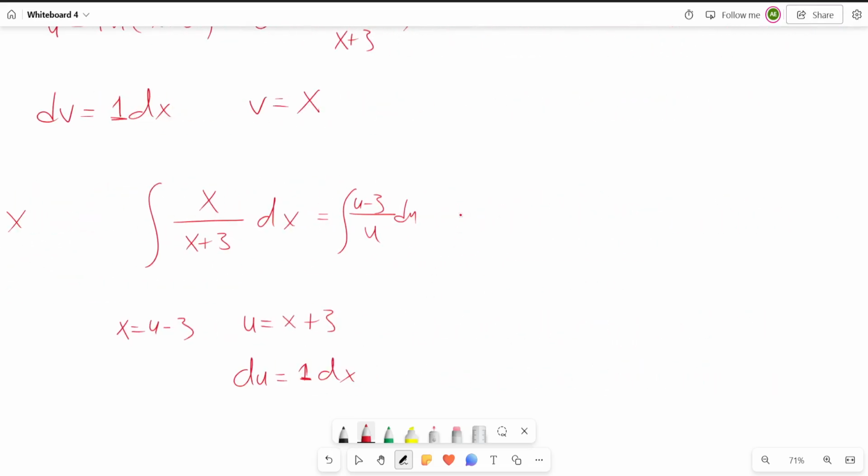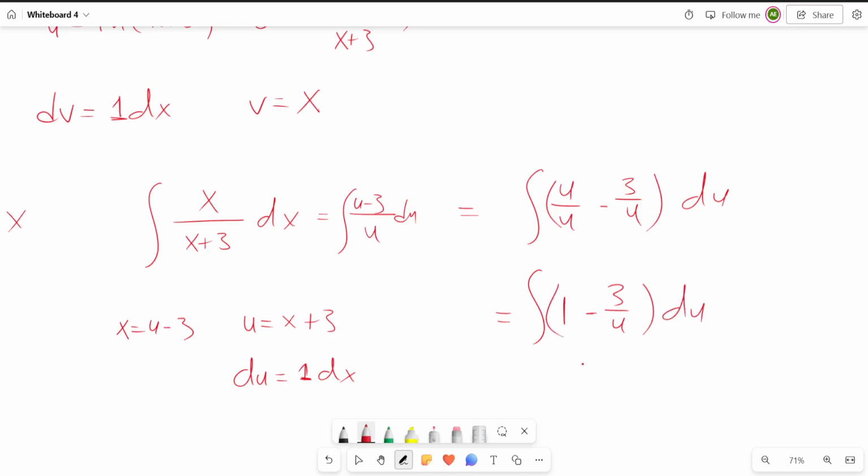So I can replace this x with u minus 3. The integration of this I can rewrite as the integration of u minus 3 over u with respect to du. So u over u is 1, minus 3 over u. Now I can integrate it normally. Integration of 1 with respect to du is basically u.